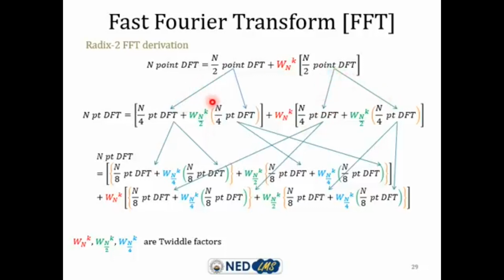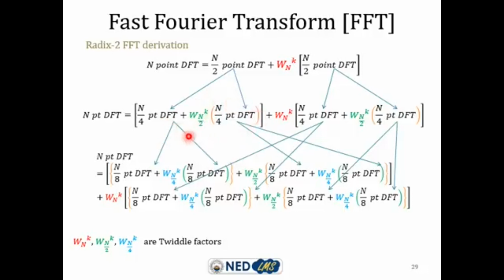Now, why have we used the W_{N/2}^k twiddle factor here? Because when we were combining N by 2 point DFTs, we used the W_N^k twiddle factor, which we observed during the derivation. So if you perform the derivation and decompose N by 2 point DFTs in the form of N by 4 point DFTs, then you will find the W_{N/2}^k twiddle factor.